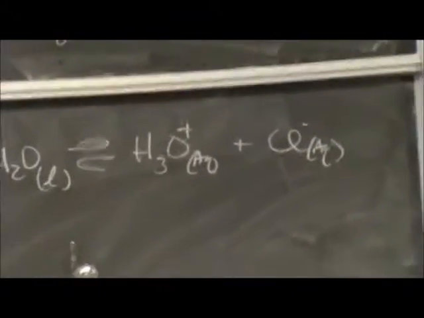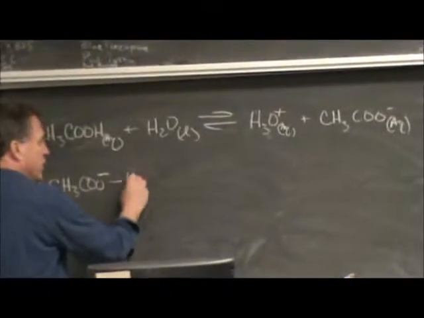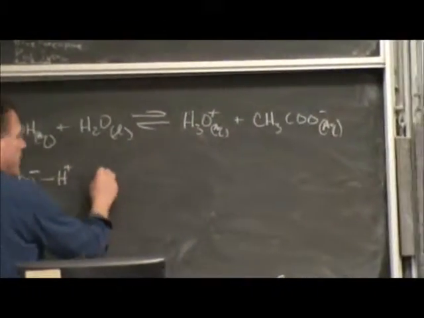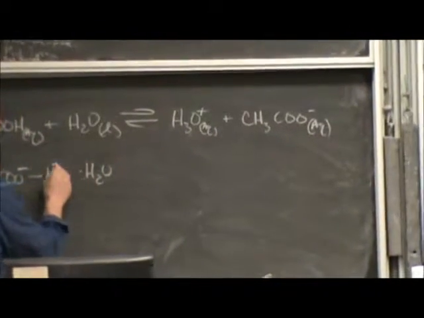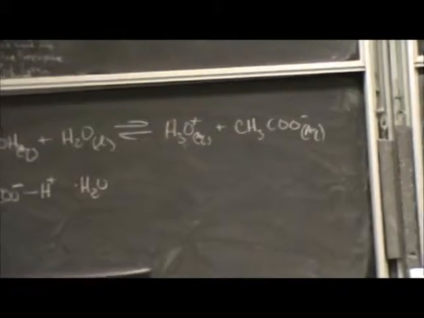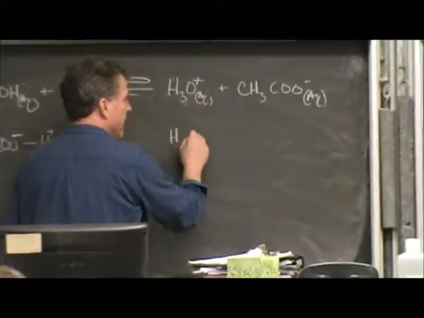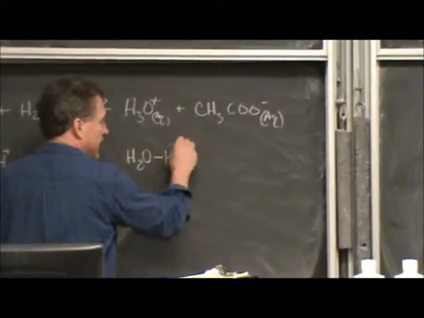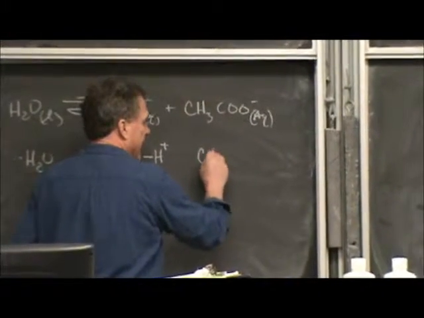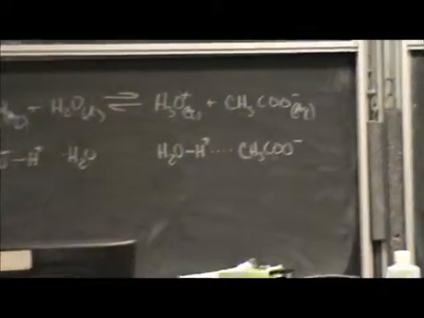The base that starts out with the hydrogen on this side is called the acetate ion, and it has the hydrogen ion attached to it. The water molecule is trying to take that hydrogen ion away. In the backwards reaction, we have the water molecule with the hydrogen ion attached, and the acetate ion is trying to take it away.